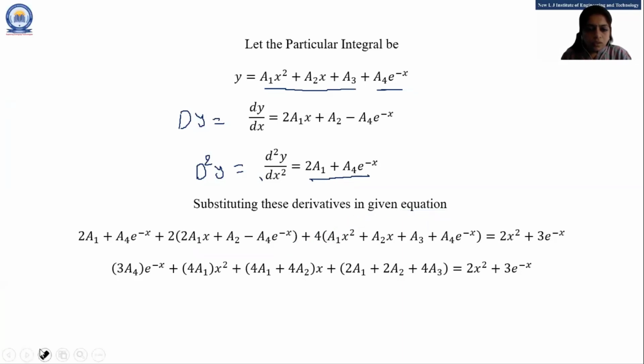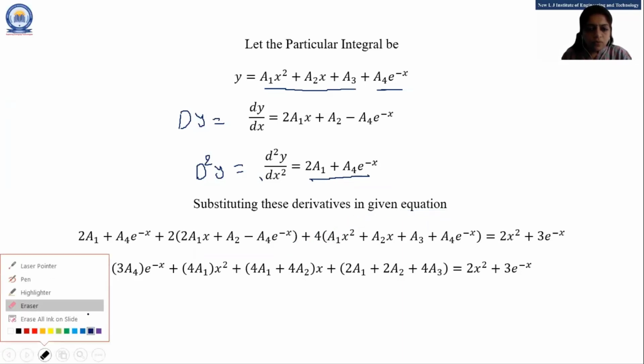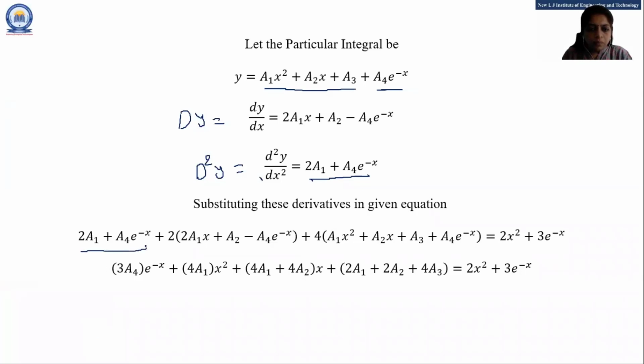This is the value of D square y, plus 2 into Dy, and the last 4 into y, right? So D square y plus 2 into Dy plus 4 into y is equal to your right hand side, 2x square plus 3 e raised to minus x.